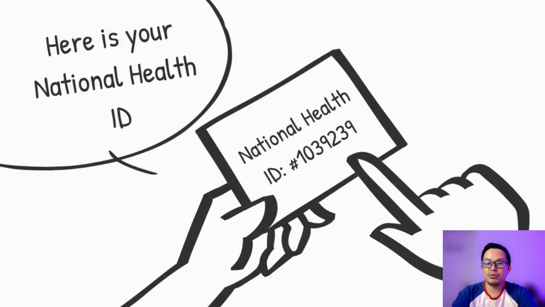In Canada, we use this because a lot of organizations need to access your healthcare information, including your insurance company, especially when you apply for critical illness insurance or any other kind of insurance.